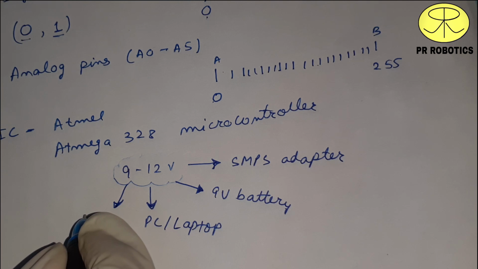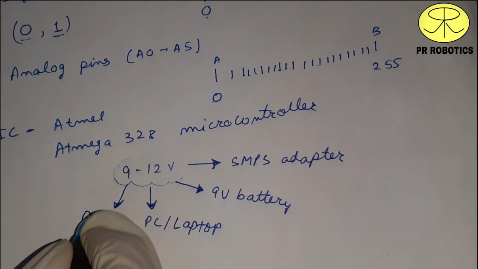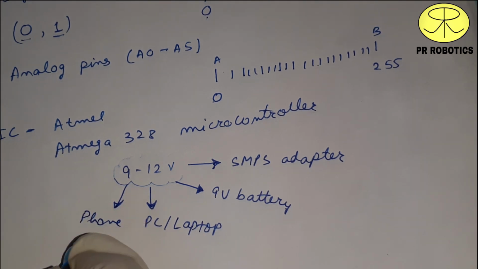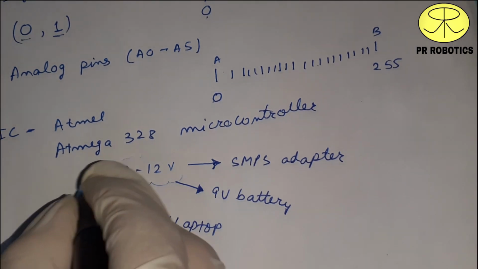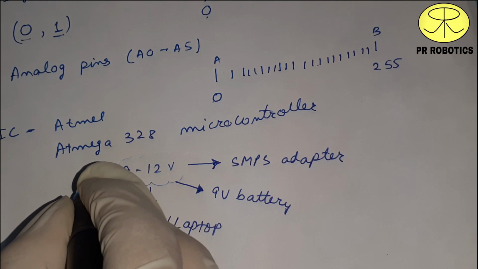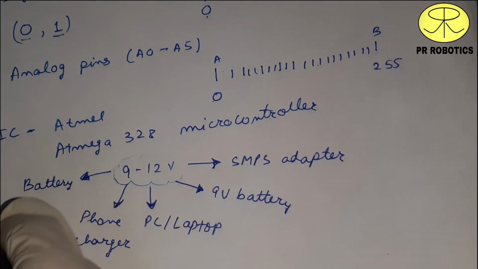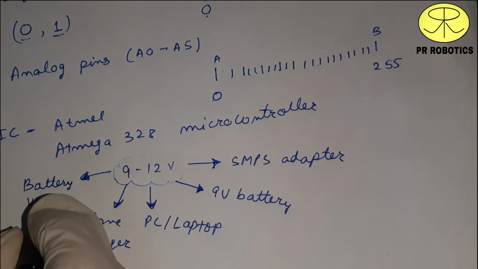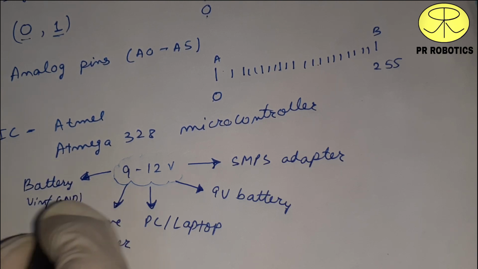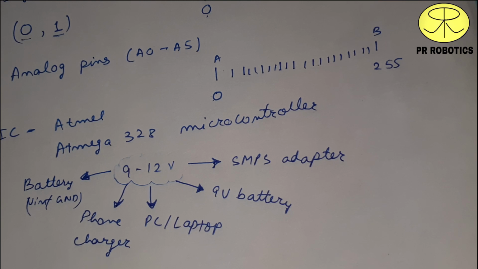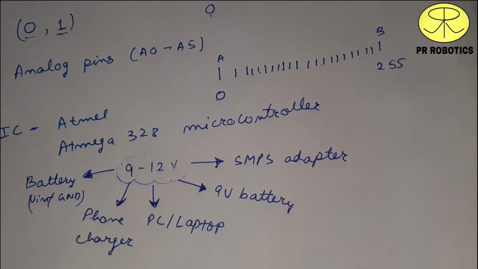Or you can connect it with your phone charger. Or you can connect a battery on the V in and ground pin. So these are some options to power the Arduino board.